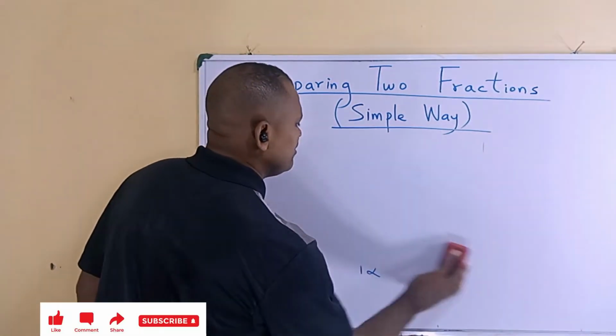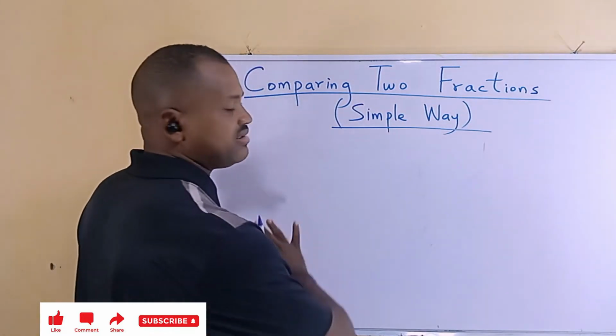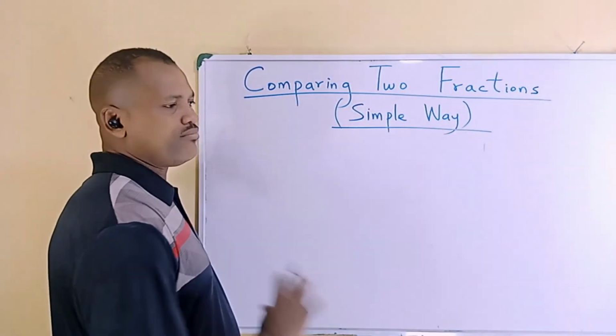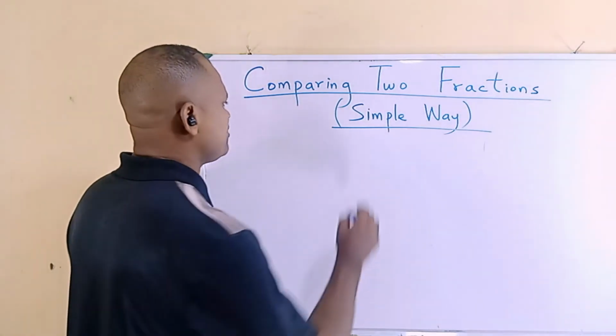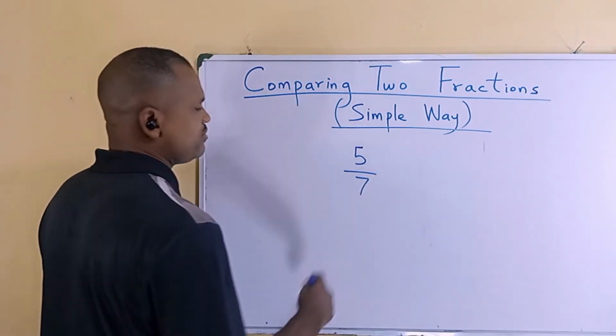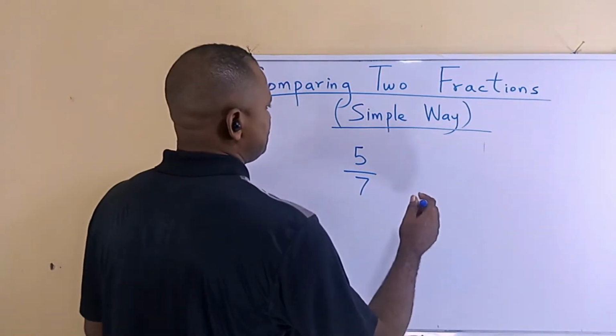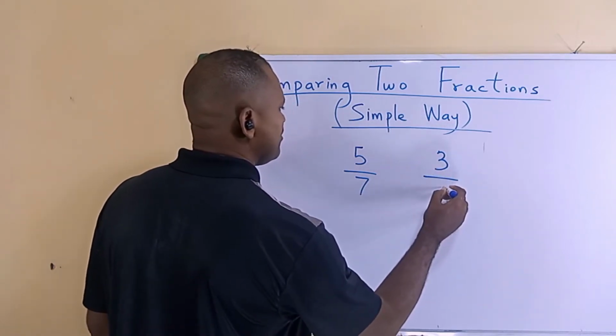And then let's look at fractions that don't have the same top numbers or bottom numbers. Let's look at 5 over 7 and let's say 3 over 8.